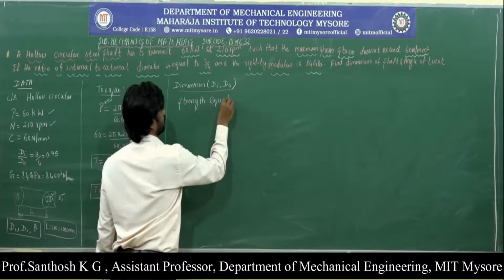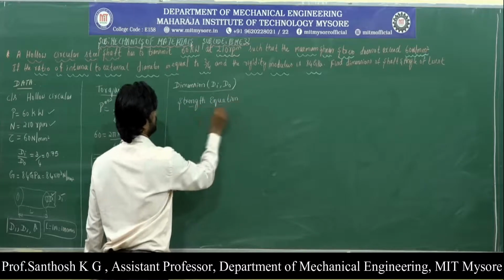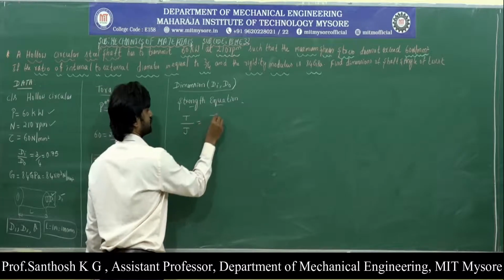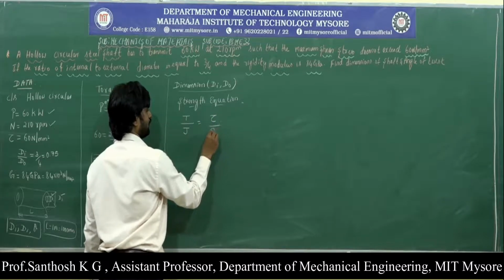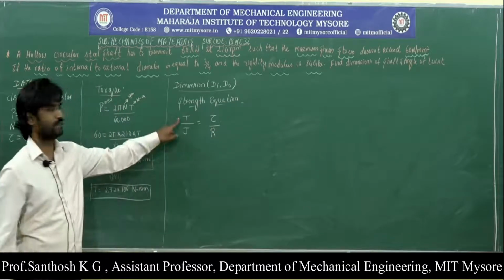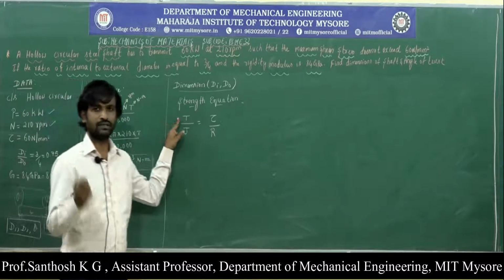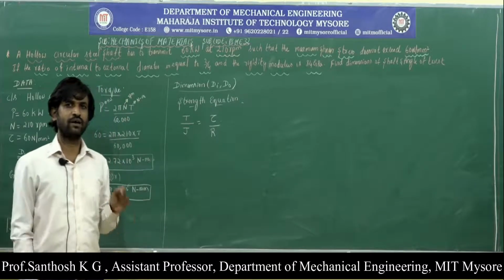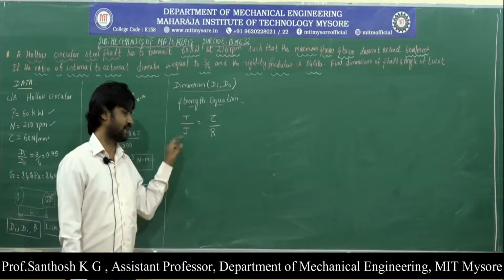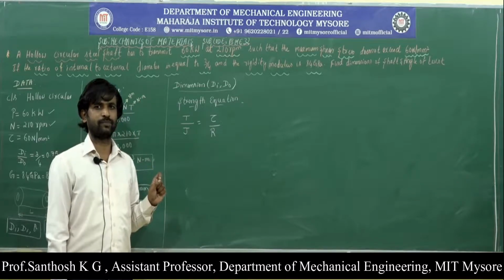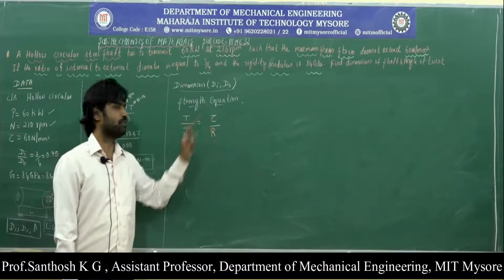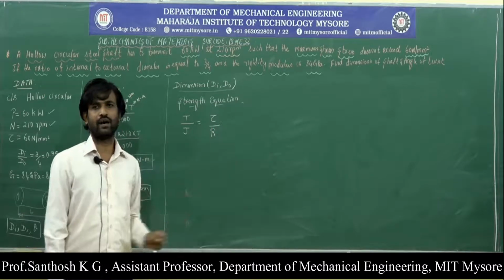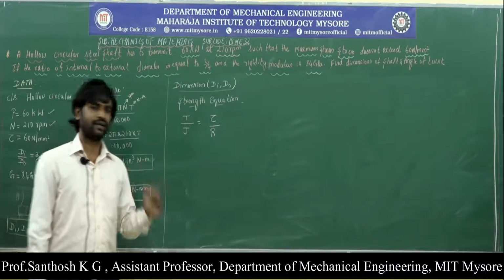The strength equation is T divided by J equals tau divided by R. Here T represents the torsion in Newton millimeter, J represents the polar moment of inertia in millimeter to the power of 4, tau represents the shear stress and R represents the radius.